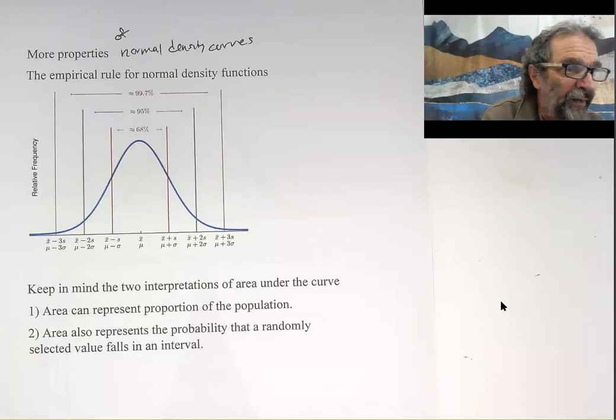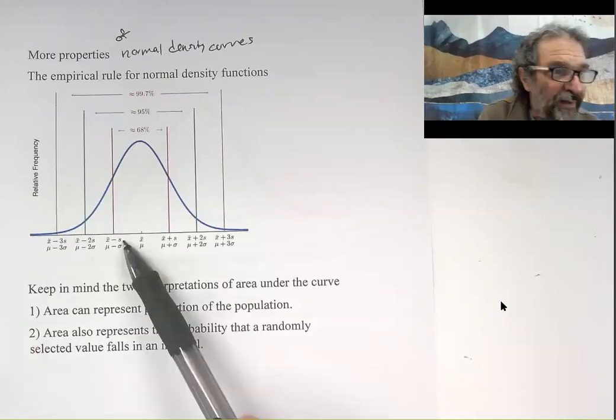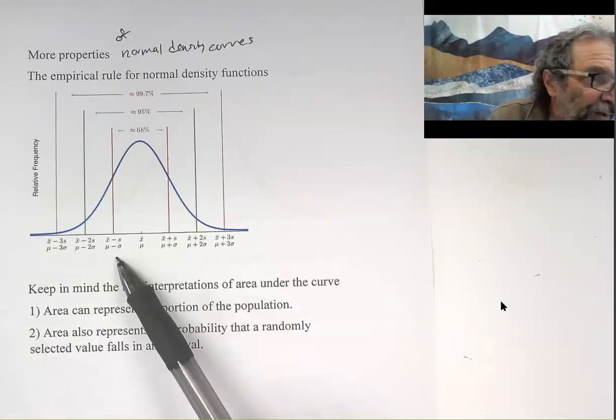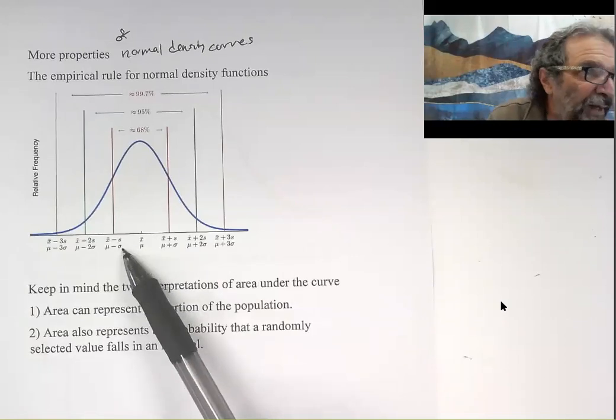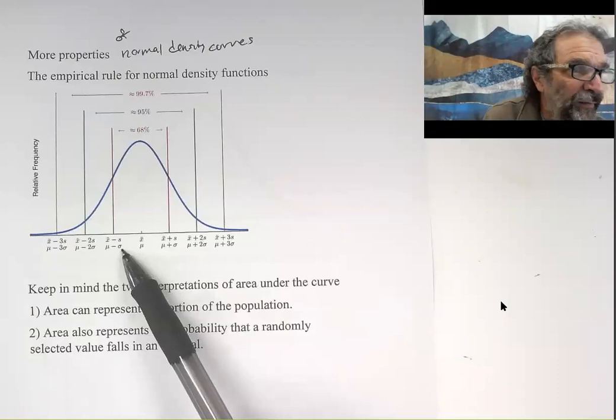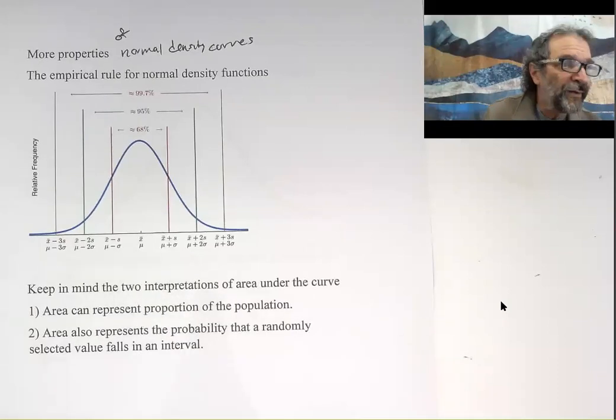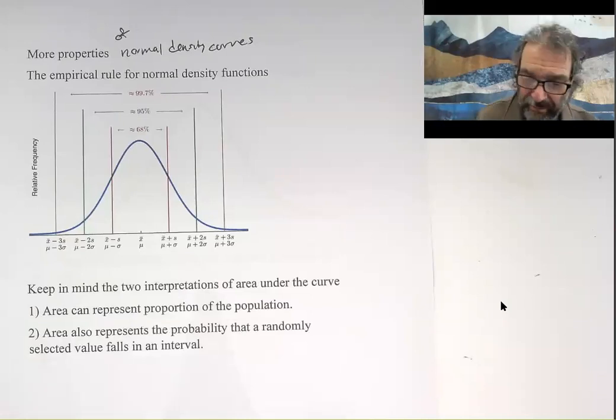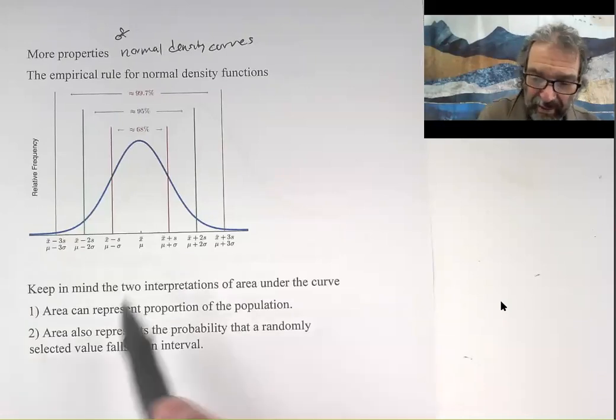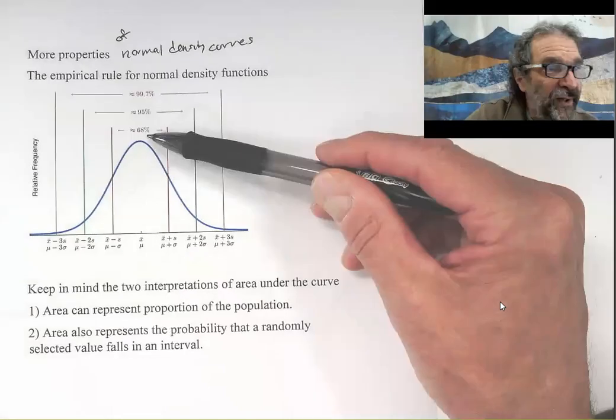Okay, and there's 2 versions of the empirical rule. One has to do with using the mean and standard deviation of the data set. And the other one says using the mean and standard deviation of the density curve. But with these bell-shaped curves, either one is going to give you about the same results. The density curve that's exactly normal comes very close to these numbers.